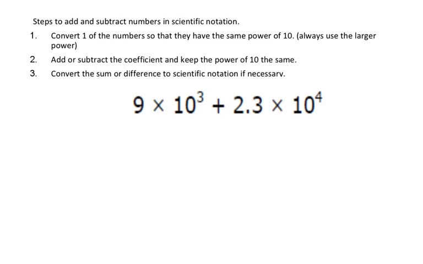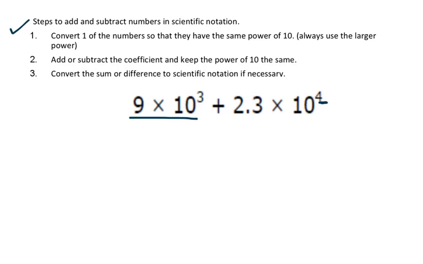9 times 10 to the third power plus 2.3 times 10 to the fourth power. So my first step says convert one of the numbers so that they have the same power of 10, and always use the larger one to go to. So our largest power of 10 is 10 to the fourth. So I'm actually going to convert this number right here. I want it to be 10 to the fourth power.